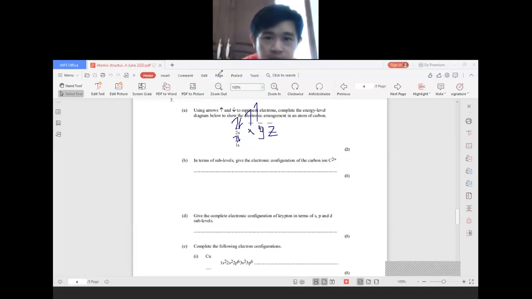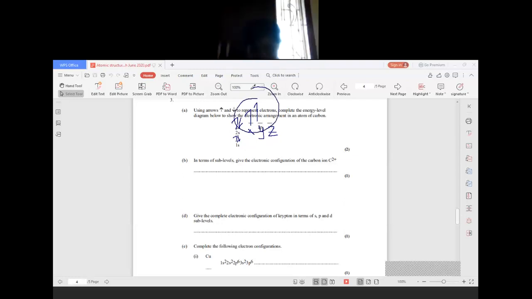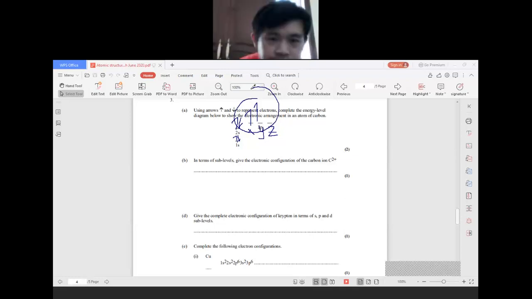So one orbital with up and the other orbital also with up.